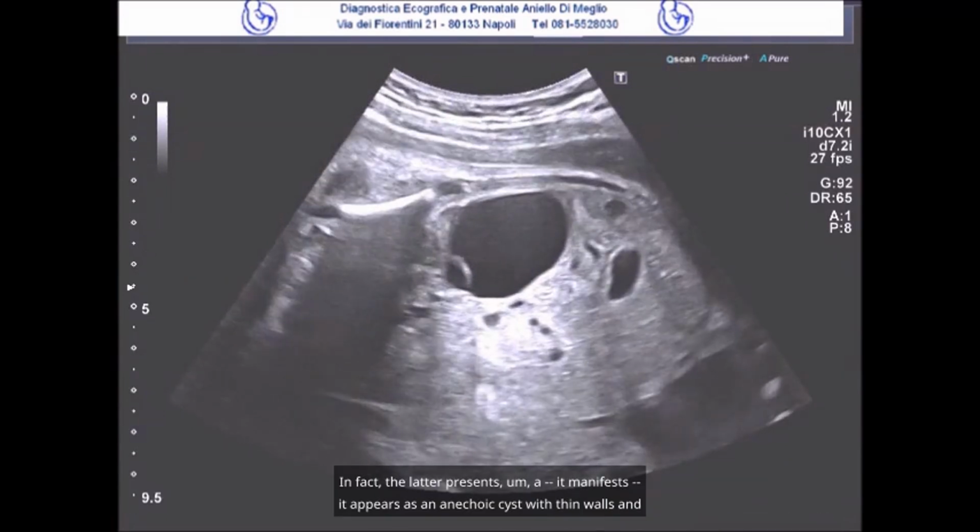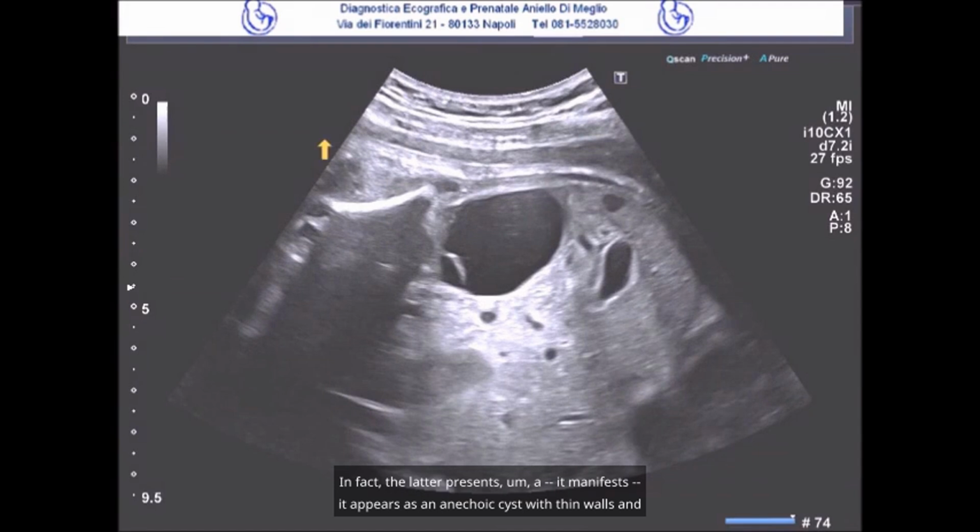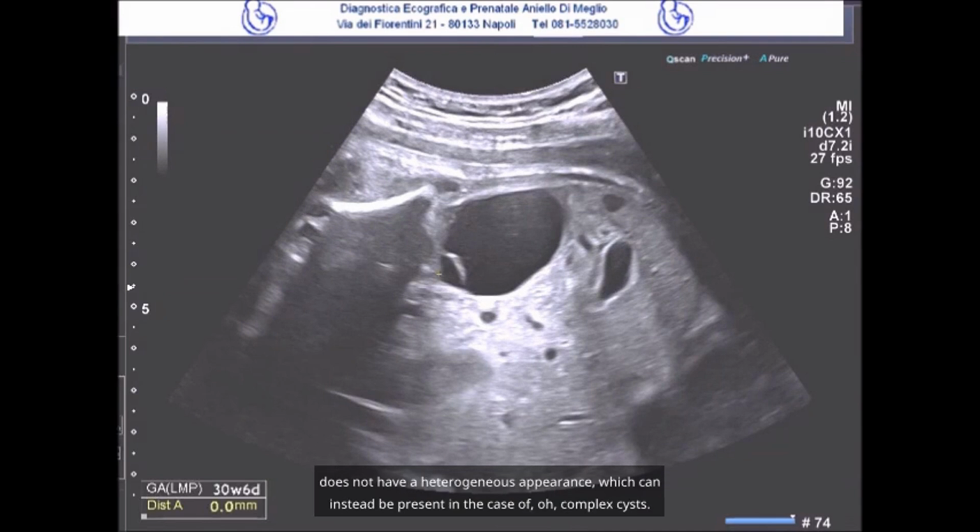In fact, the latter appears as an anechoic cyst with thin walls and does not have a heterogeneous appearance, which can instead be present in the case of complex cysts.